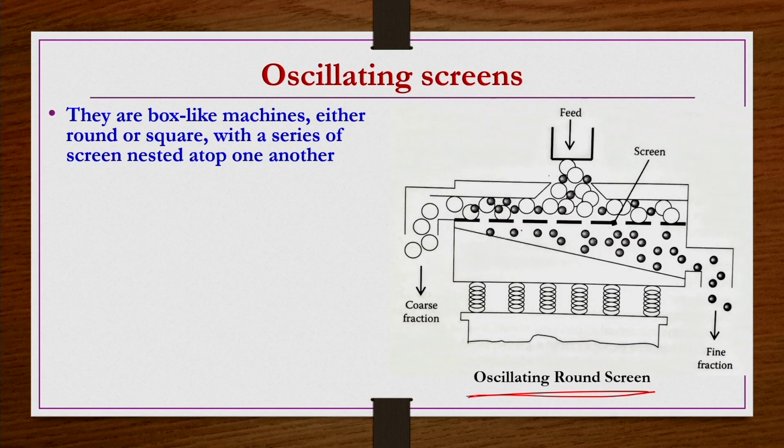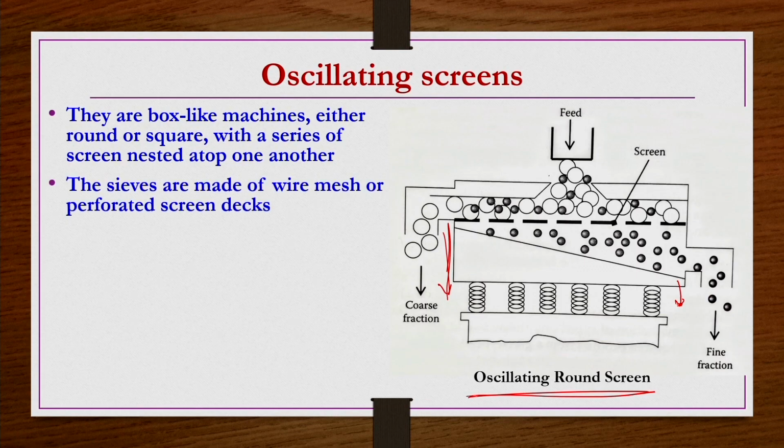We have shown only one screen here, and then there is a motor shaft which has a high weight at one end and a low weight at the other end. The feed comes from the top and passes through the screens because of the vibration caused by the difference in the weight at the two ends of the motor shaft. Okay. So, that is the basic principle.